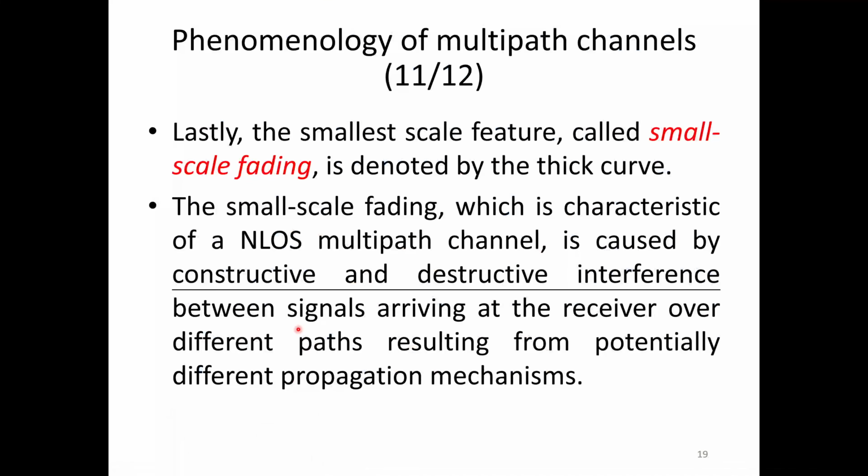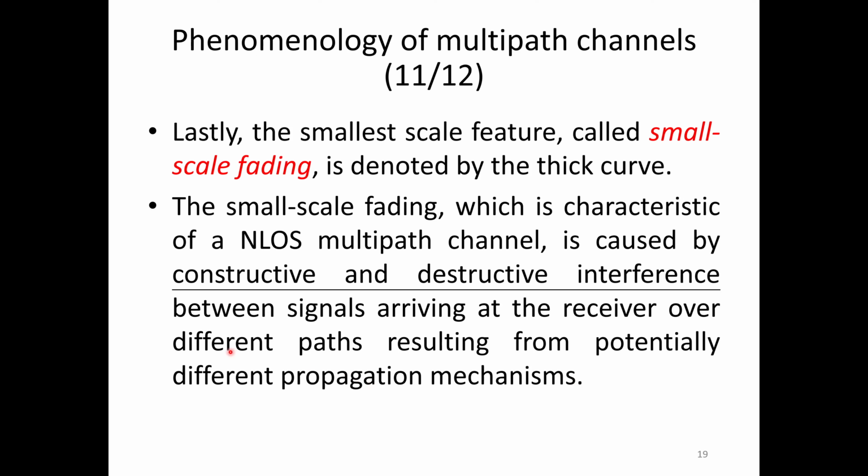So let us go back to the slides. Constructive and destructive interference between signals arriving at the receiver over different paths resulting from potentially different propagation mechanisms.